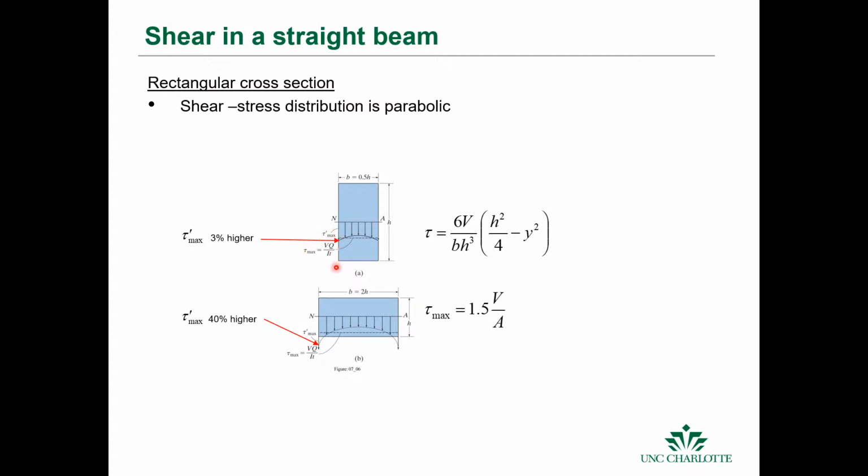It's actually too low. It's actually lower than the real value. If you look at a different type of beam where you have twice the width over the height, then in this case, at the edges here, you're about 40% different for that shear. Okay?